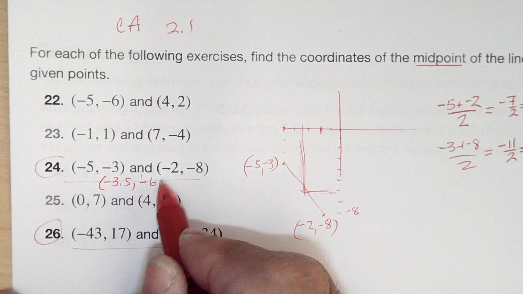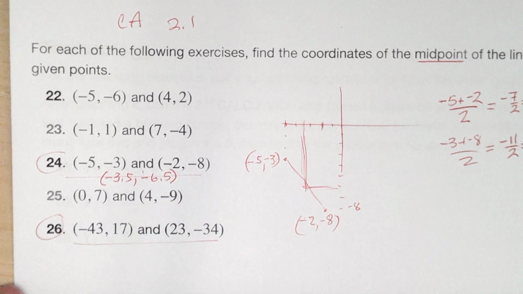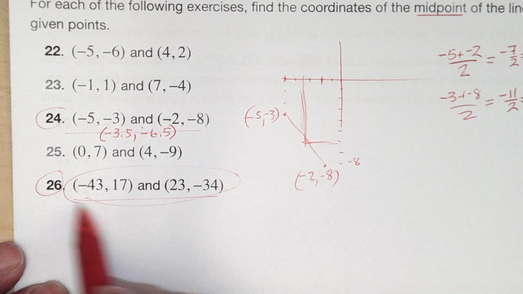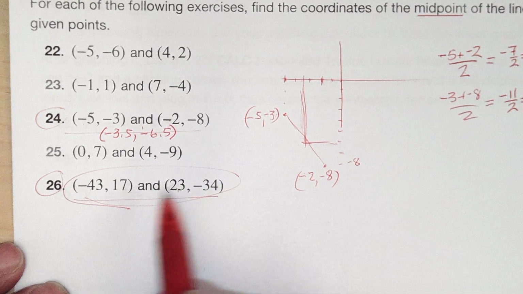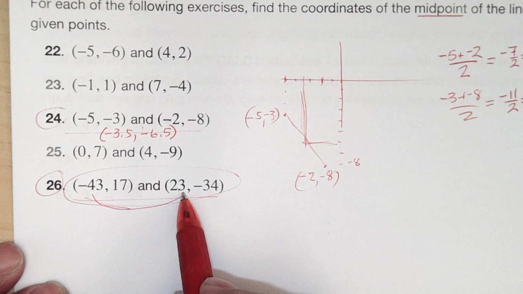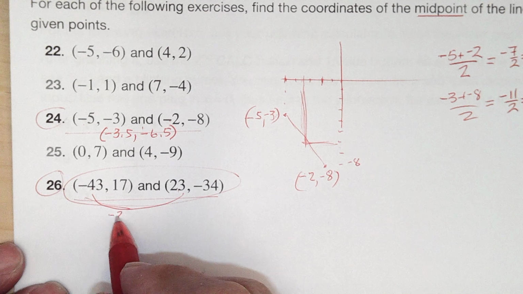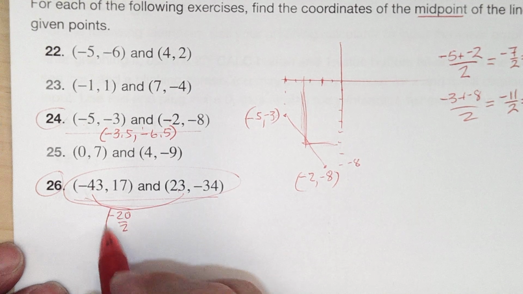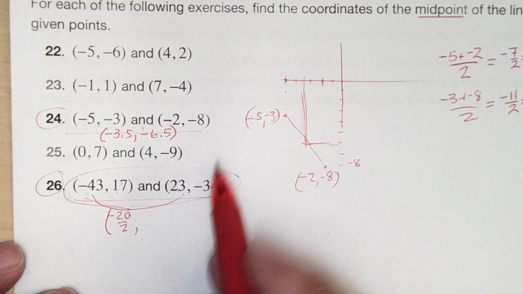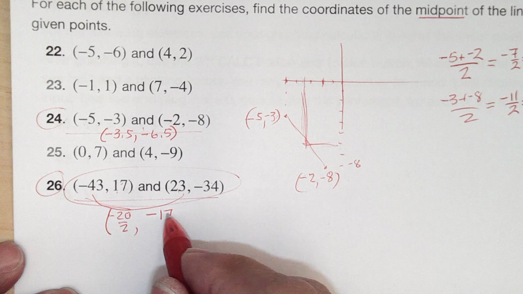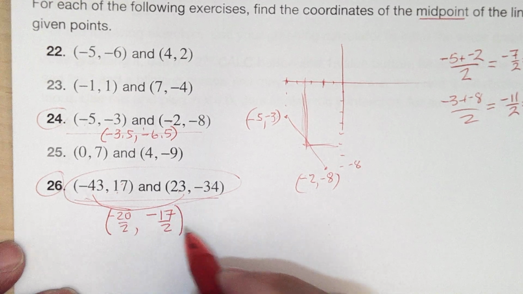negative 6.5. On this one, negative 43 plus 23, getting the average of those, that'll be negative 20 divided by 2. And 17 and negative 34, that adds up to be negative 17 divided by 2.